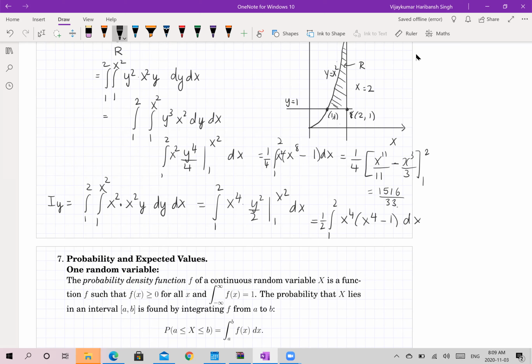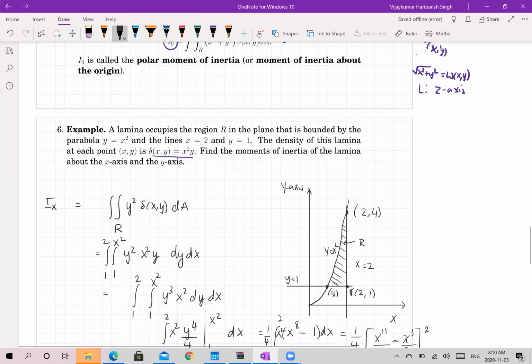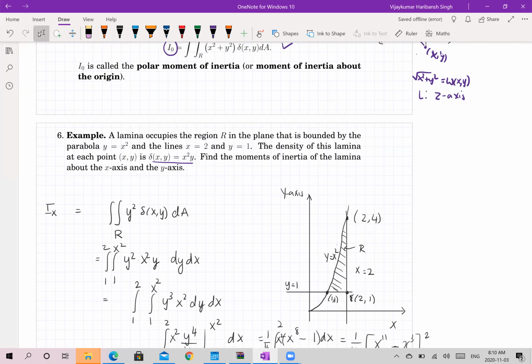And when we compute this integral, this turns out to be 1138 by 45. So these are your moments of inertia around the x-axis and y-axis.